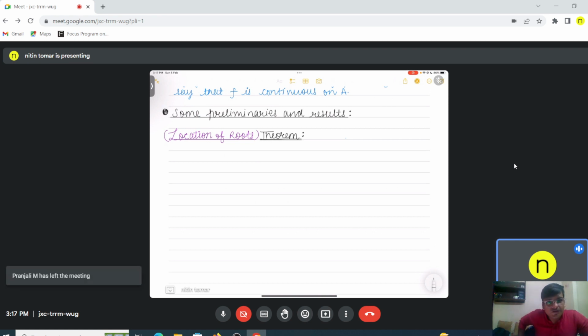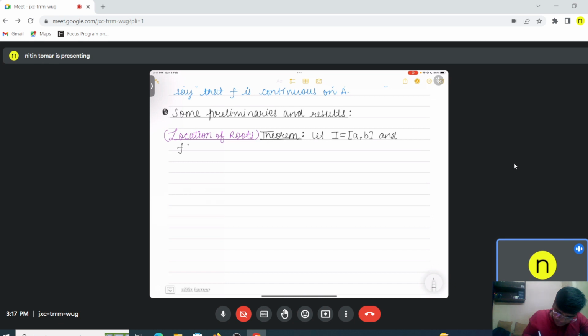My language for conversation is English and Hindi. So I'll continue with the theorem. So let I be this interval [a, b] and f be a continuous real valued function on this interval.